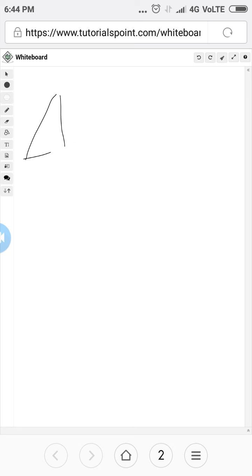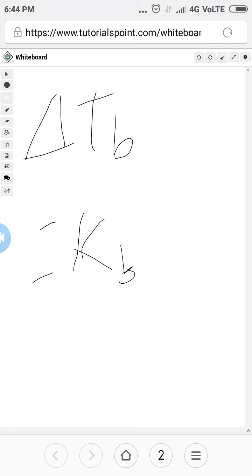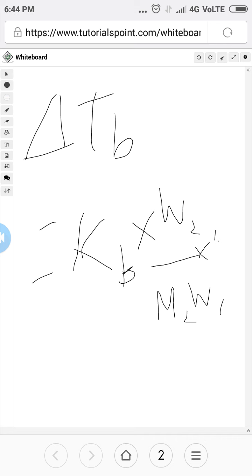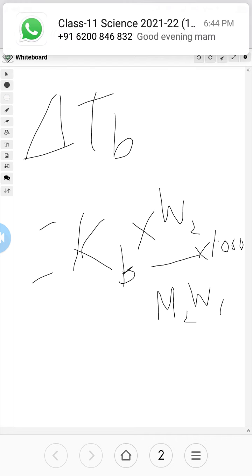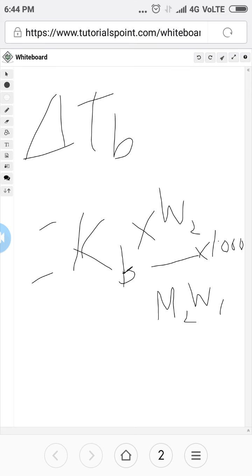Delta Tb is also written as Kb into W2 by M2 into W1 into 1000. Delta Tb is equal to Kb into W2 by M2 into W1 into 1000.